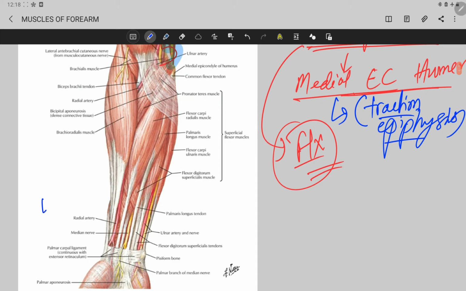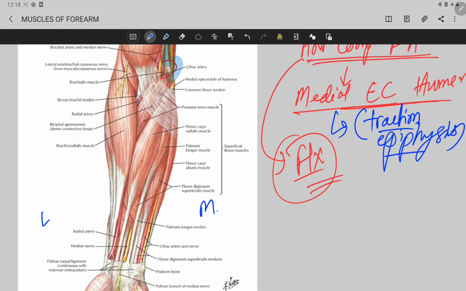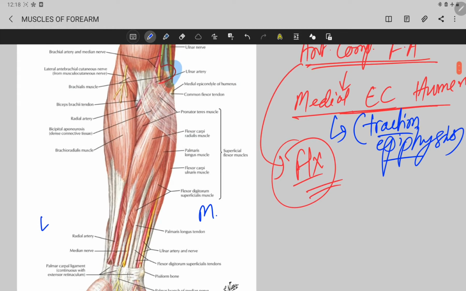This is the medial side, and this is the lateral side. Here you can see the medial epicondyle of the humerus, and the anterior portion of it is also called the common flexor origin.